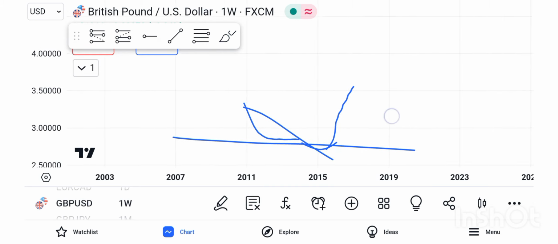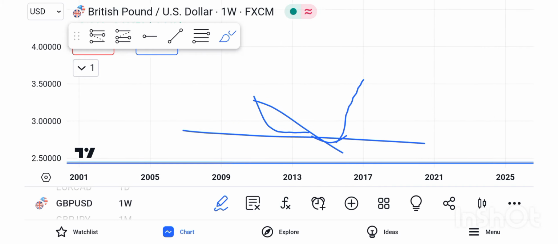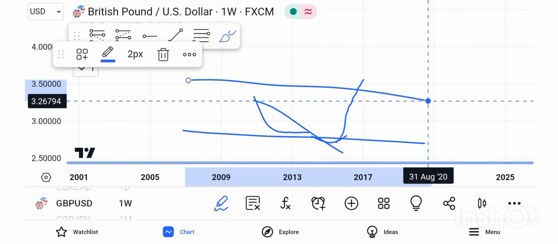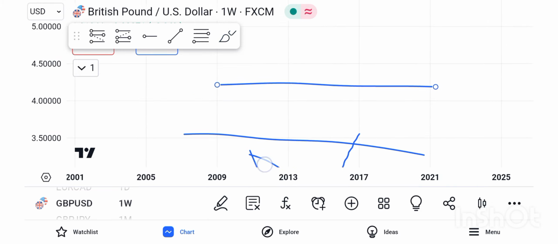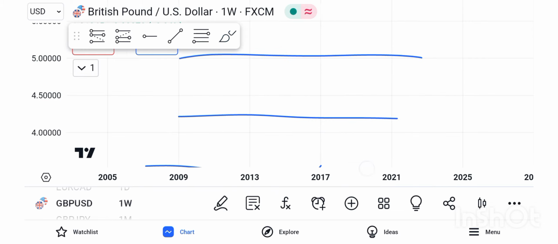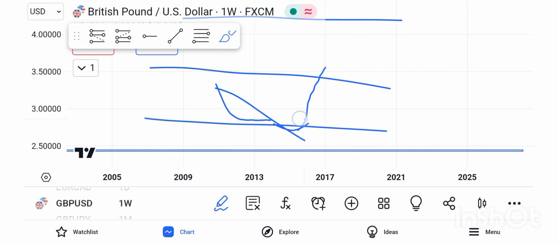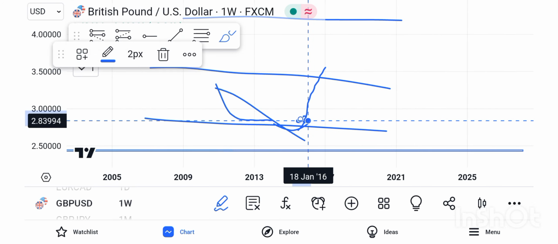Now, it's important to know that the market moves from zone to zone. So if the market moves from this zone, if it's in an uptrend, where is it going to?